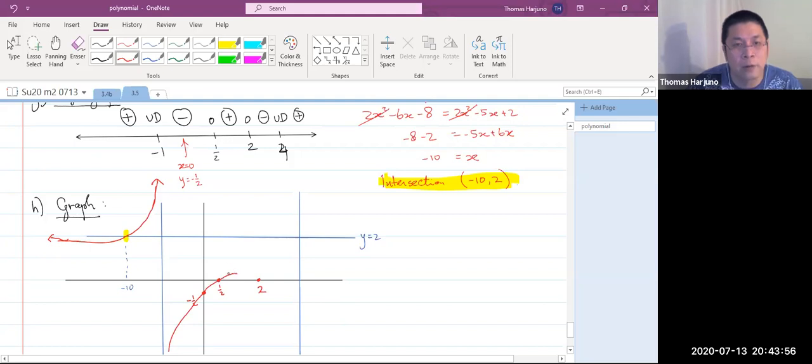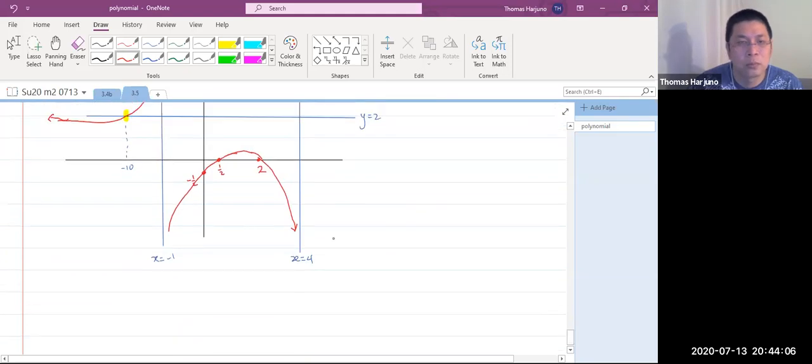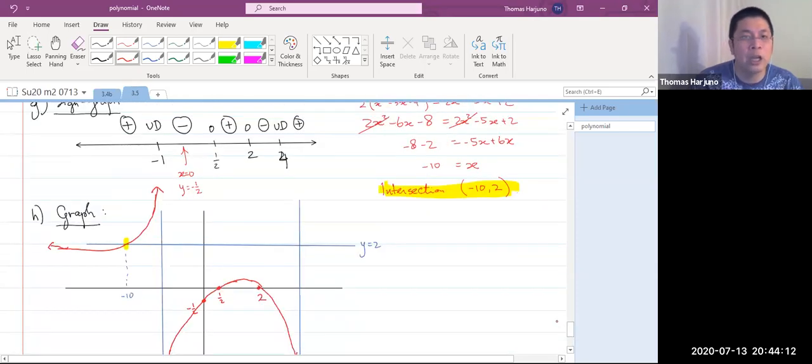Follow the sign graph, and then you will see this actually go down. So between -1 and 1/2, it's below the x-axis. From -1 to 1/2, it's below the x-axis.